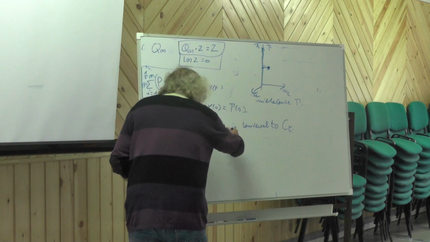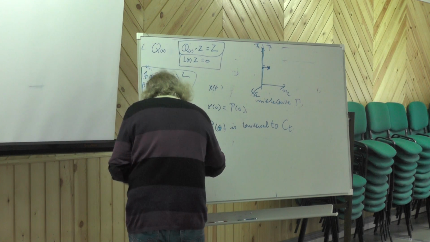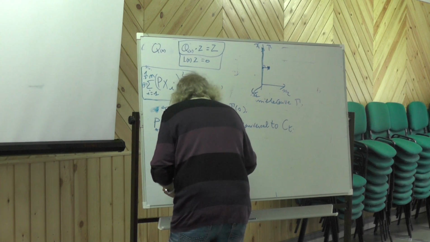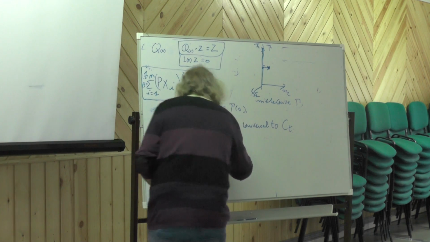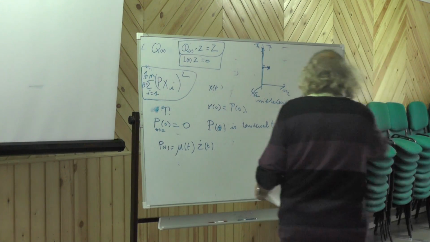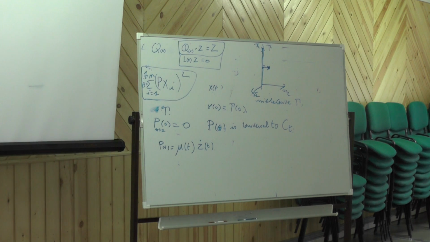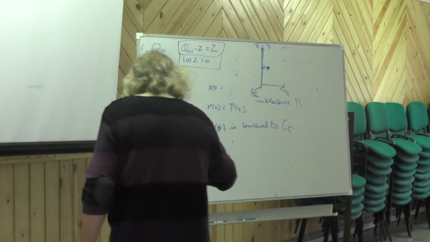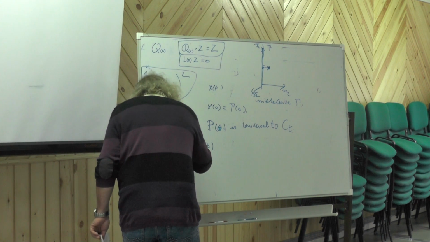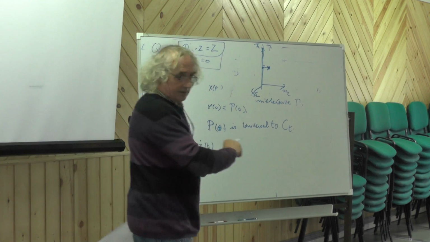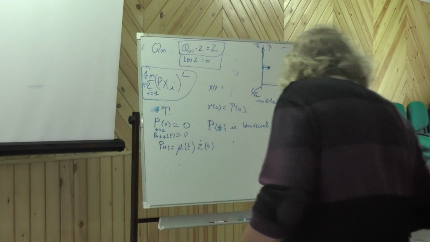Since p of t is transversal to Ct, it is clear that p of t is equal to a certain mu of t times z dot, where z is this trajectory. Then it is clear also, by the way, that not only p n plus 1 of 0 is 0, but also p n plus 1 of t is 0. Let's use it, because you have to be orthogonal to this circle.